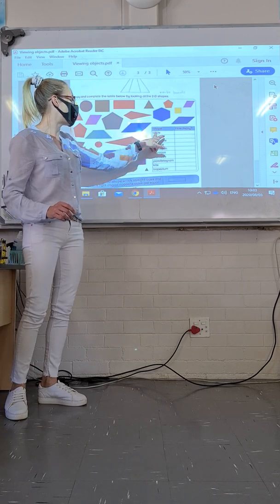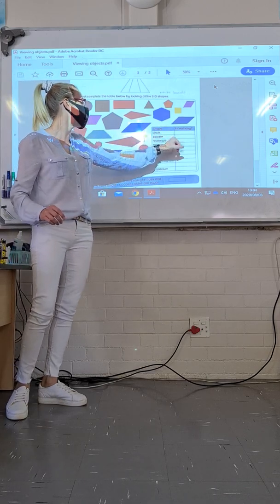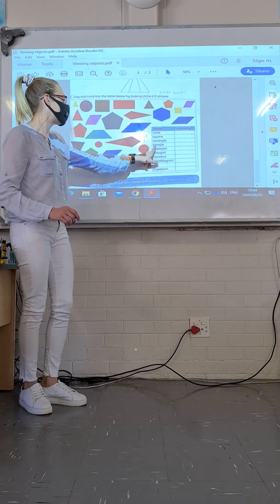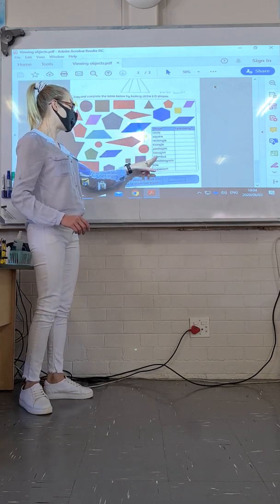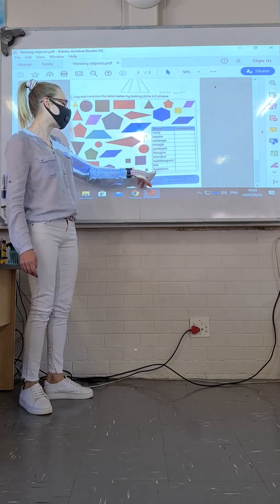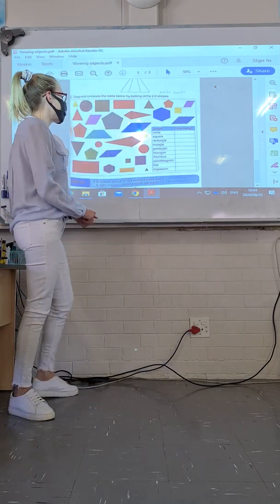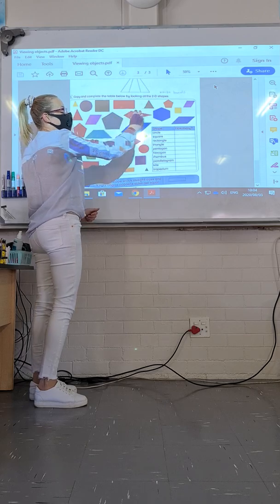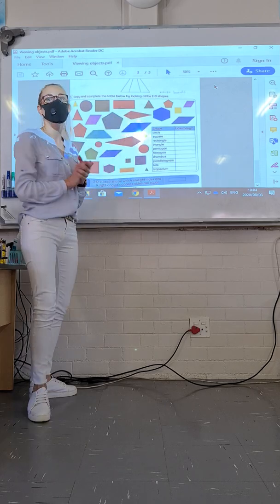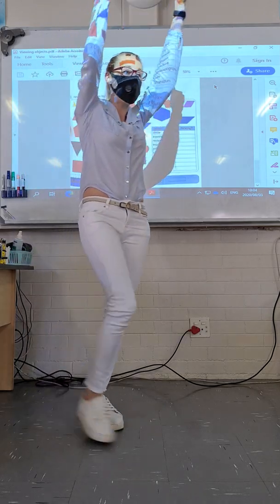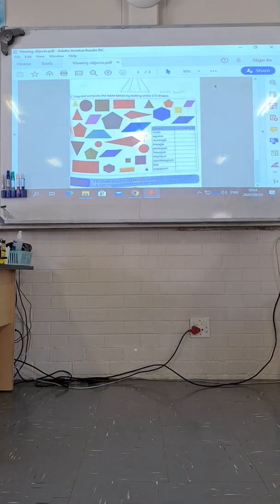I want you to write down on your whiteboard how many circles, squares, rectangles, triangles, pentagons, hexagons, rhombus, parallelograms, kites, and trapeziums you can find. So write circle and how many, square, how many, and it's a race, whiteboard up in the air as soon as you have found it.